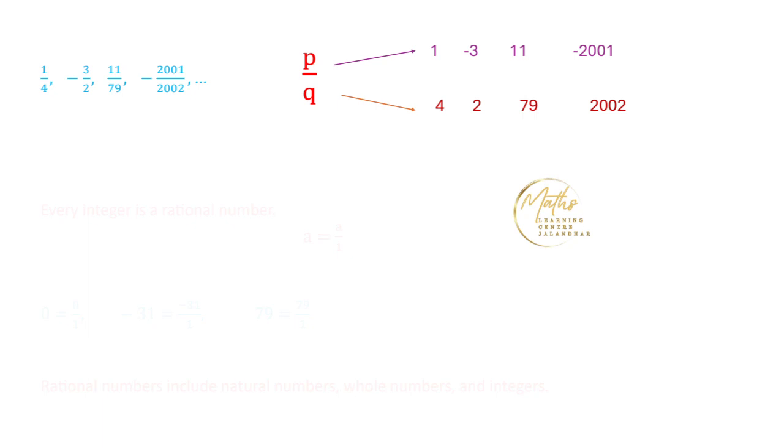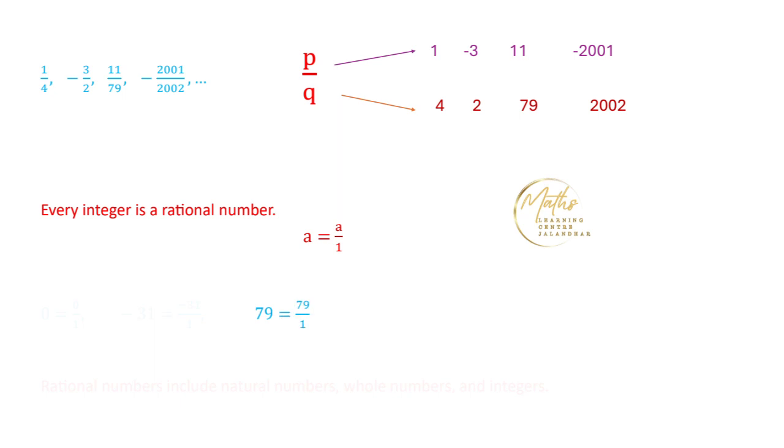Now the next result we have is every integer is a rational number. We are saying if any integer a is there, we can write that integer in the form a by 1. Suppose I am talking about the integer 79. I can write this as 79 by 1.